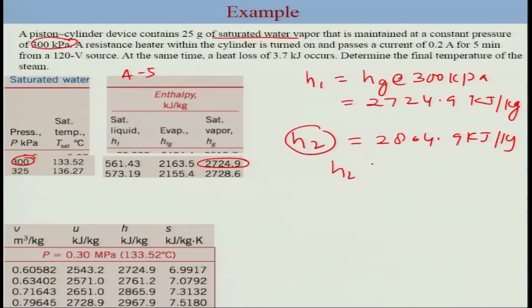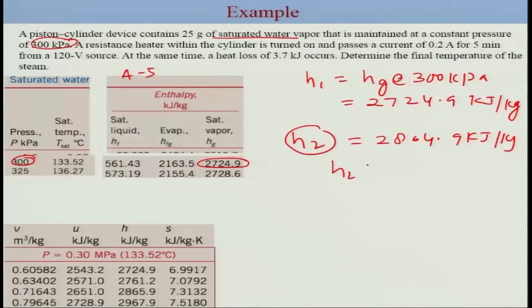Now the question is whether state 2 lies within the saturated water system or in the superheated range. In order to find out the state, we compare H2 with Hg at 300 kilopascal, because the pressure is given constant.